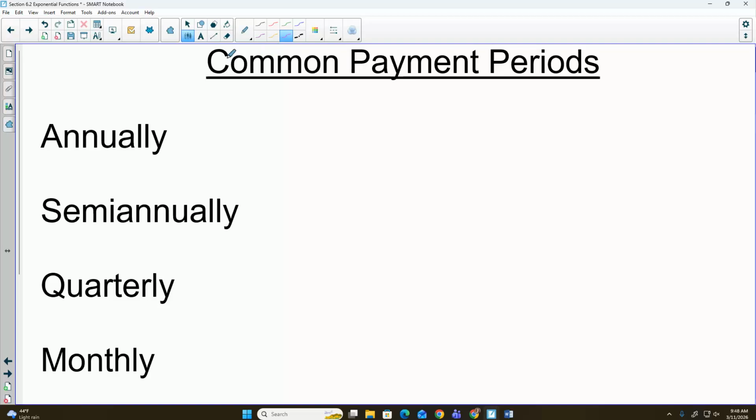Payment period, so these are terms that you might hear as we go through this. If something is annually, how many times a year is that? Once. All right, what would semi-annually be? 2 times per year.